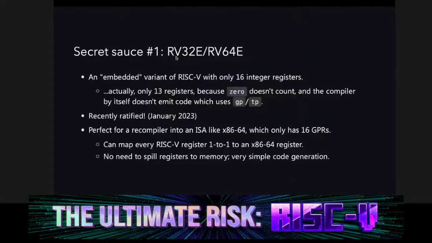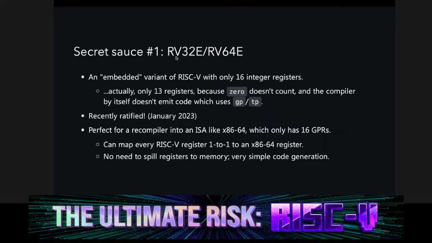So what's our secret sauce? Like why have we managed to achieve these results in only a few months of work? So our first secret sauce is RV32E. This is an embedded variant of RISC-V with only 16 registers.